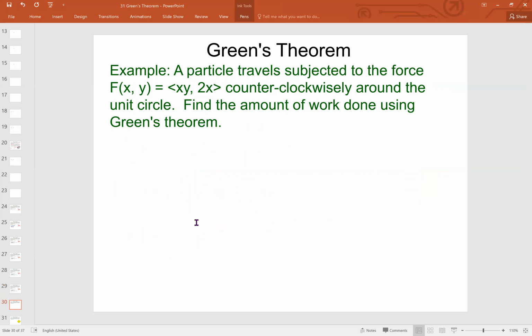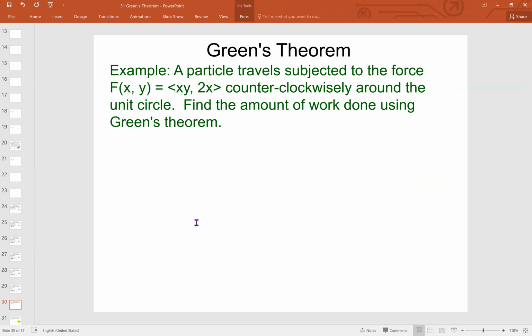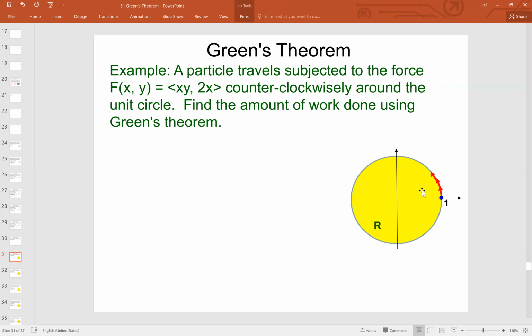Here's another example. After we realize we can calculate the line integral in terms of an area integral, since the area is a circle, we're going to change everything to polar coordinates. We have a point traveling around the unit circle, back to itself counterclockwise, with the same vector field.